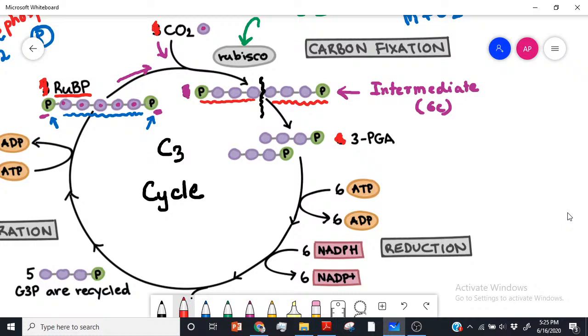Hence, due to the breakdown of an intermediate of 6 carbon, two 3 carbon containing compounds are produced, as you can see over here.